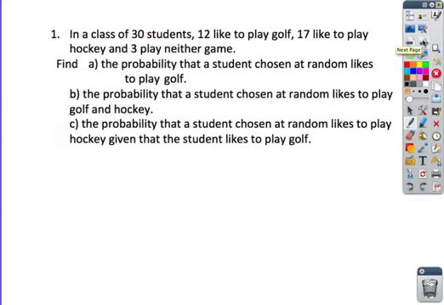So for this problem, there's a class of 30 students, 12 like to play golf, 17 play hockey, 3 play neither. We're asked to find the probability that a student chosen at random likes to play golf. Again, to start this problem, it's probably useful to use a Venn diagram.